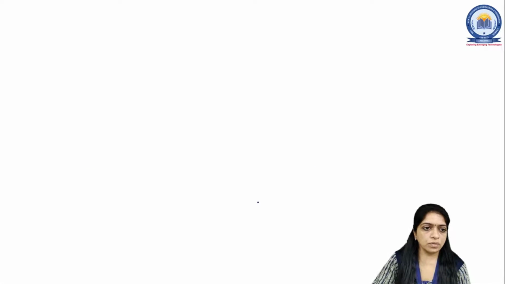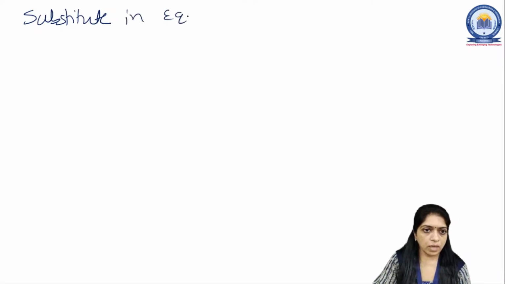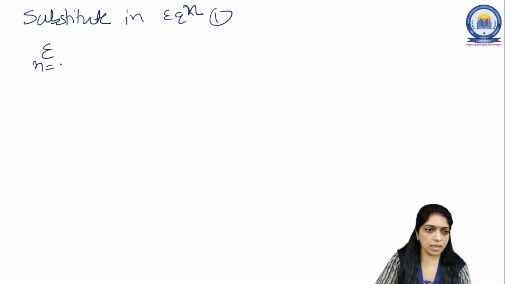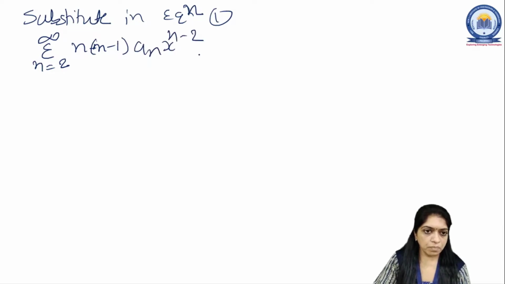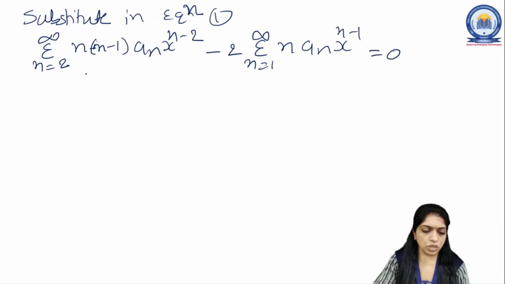Now substitute in equation 1, we have summation n 2 to infinity n into n minus 1 a n x to the power n minus 2 minus 2 times summation n 1 to infinity n a n x to the power n minus 1 equal to 0.